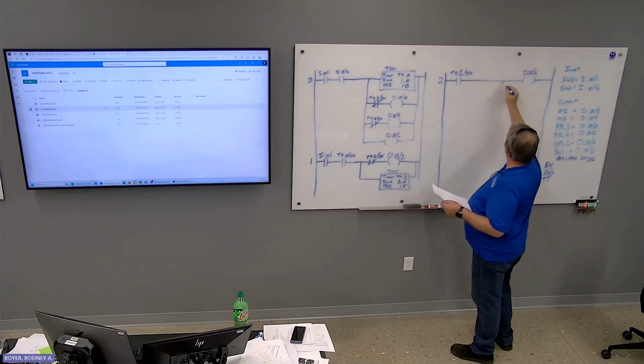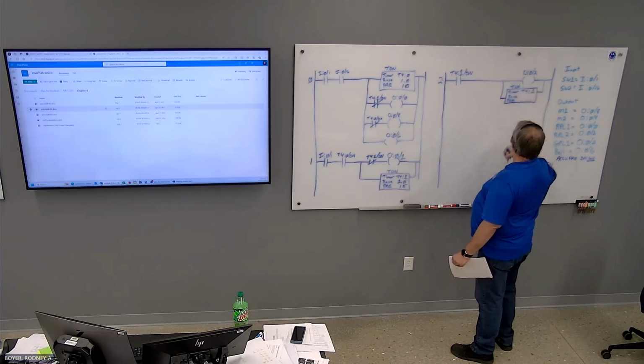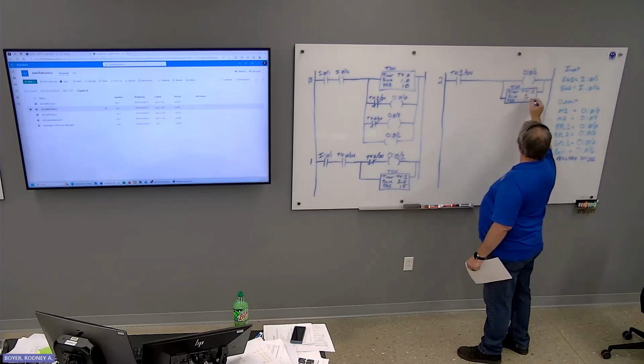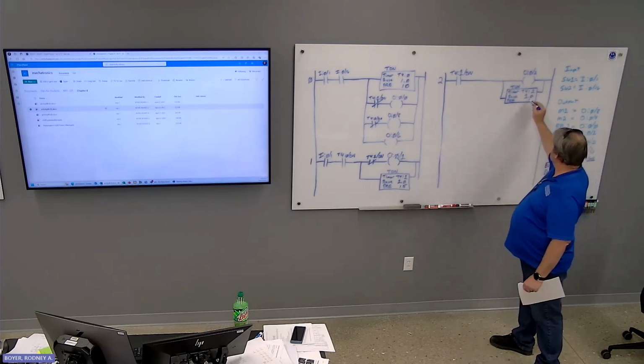So next available timer, plenty good enough. Dealing with whole seconds, I'm going to use my 1.0 time base. And 5 seconds, so my preset needs to be 5, right?